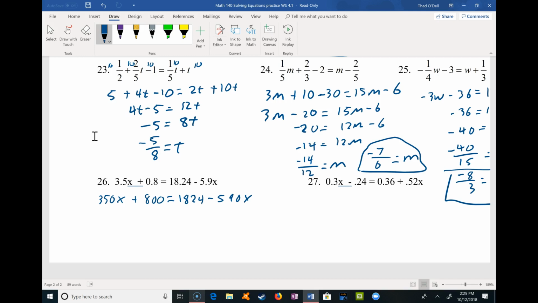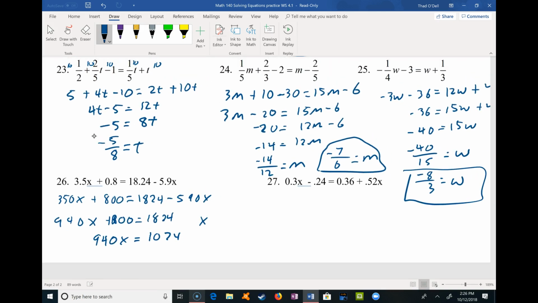So add 590x to both sides, and we get 940x, and 940 plus 800 was 1824. Subtract 800 from both sides, and we get 940x is equal to 1024.